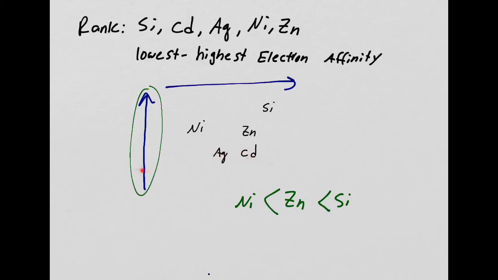These are the lowest ones based on this. They're on the same row, and based on the trend, cadmium would be higher than silver. If you look at this, if you're over here, you're the largest one. When you're down here, you're the smallest one. And this would be the ranking for those.